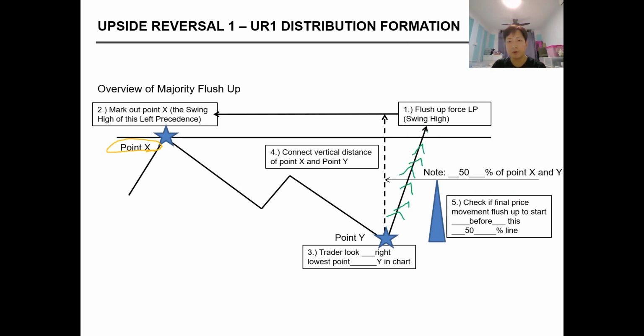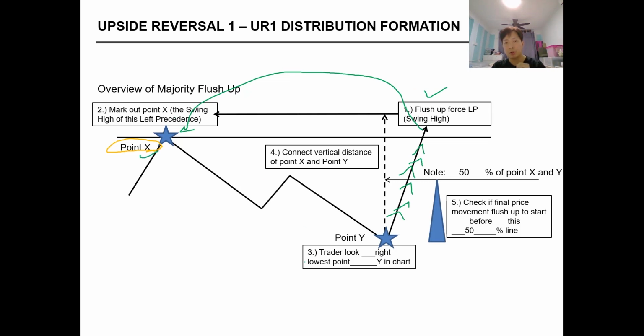You want to see that the price that forces the top, this green is the upside price movement that forces the top, which is the point X, the key swing high level, which is your LP level. So you name this key swing high level as point X. So you want to see a kind of rapid price movement to force the top. That's the first step. And then second step, you mark out the LP as point Y.